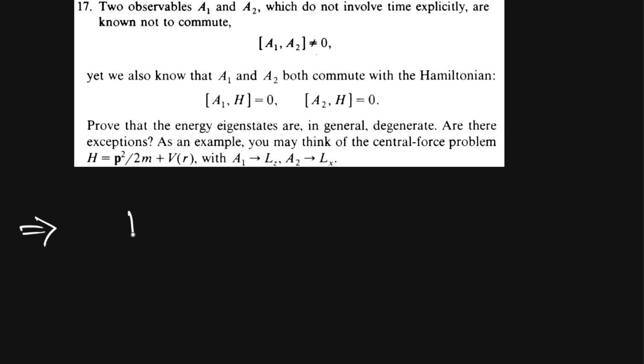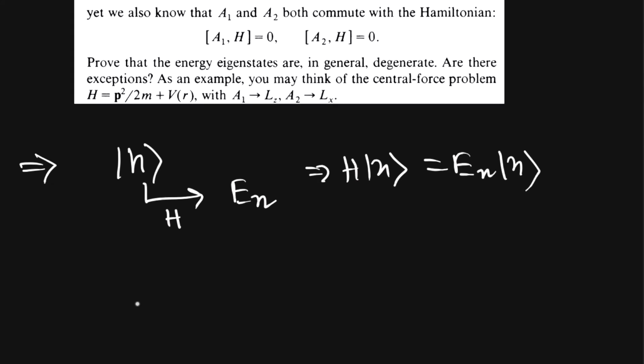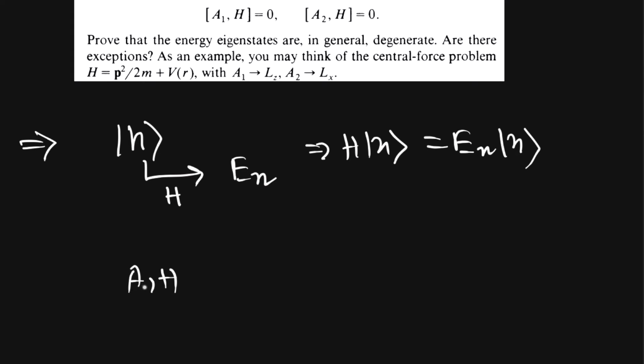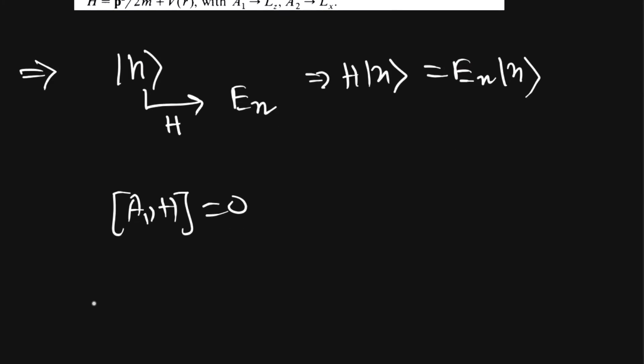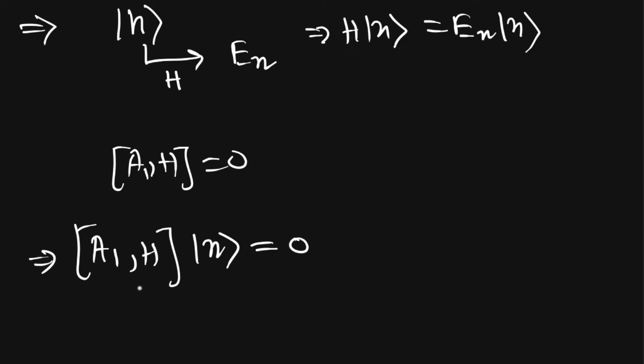Suppose |n> is an eigenket of the Hermitian operator H corresponding to the eigenvalue En. That means H|n> is equal to En|n>. Now since [A1, H] is 0, if we operate on some state, suppose A1 H on eigenkets of the Hamiltonian, it will give also 0.